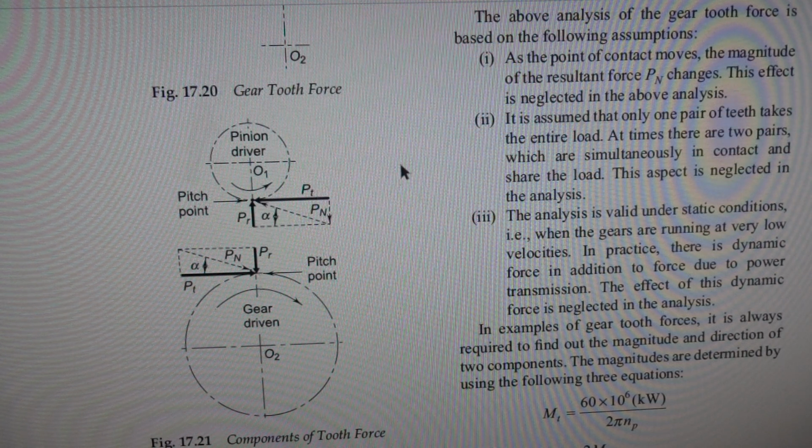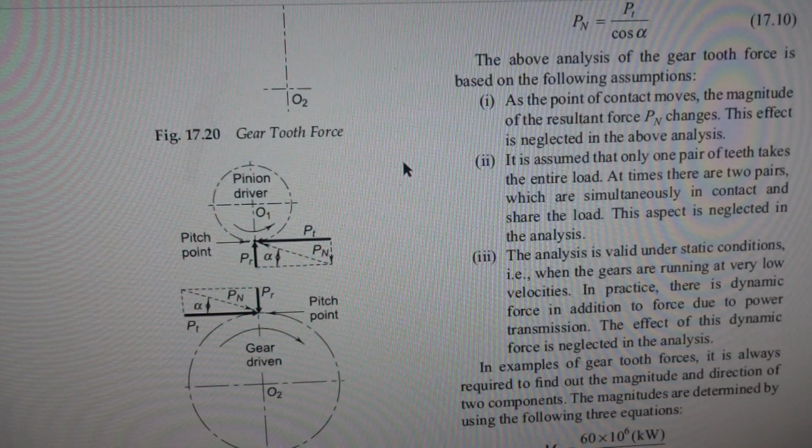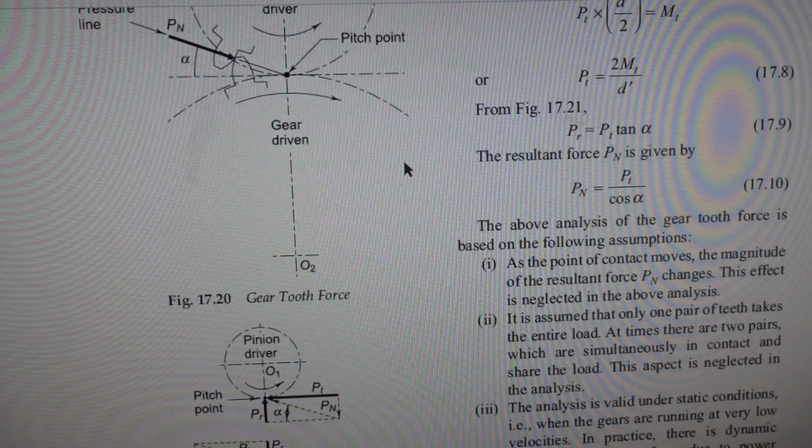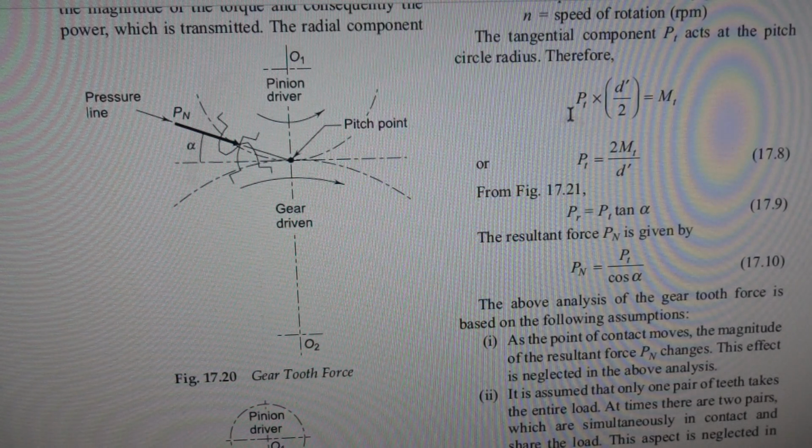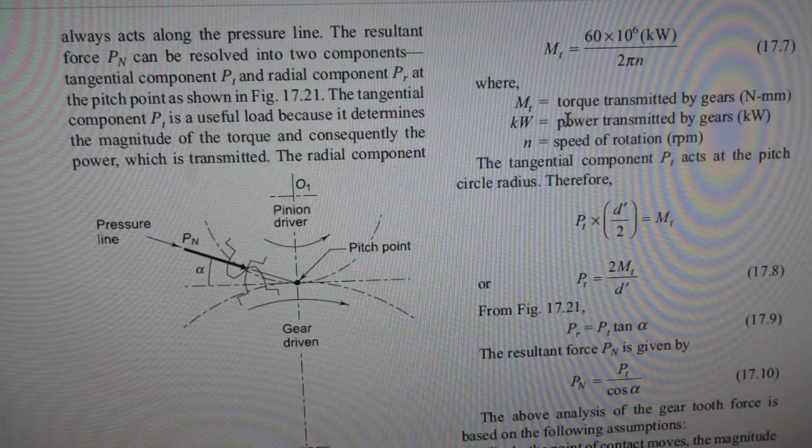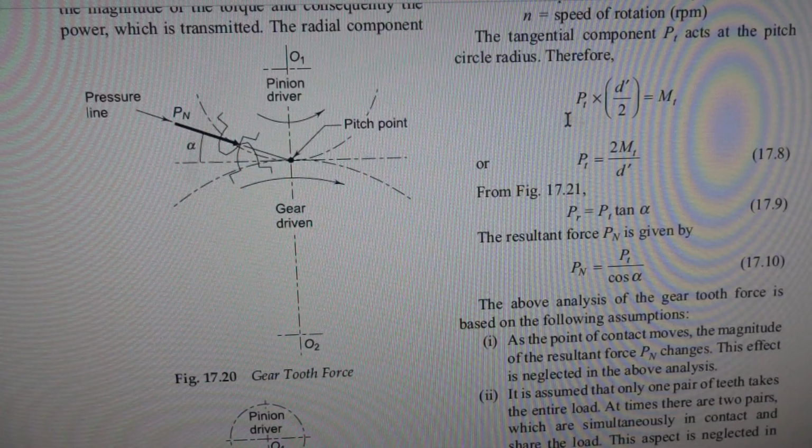So you can find PT into d dash by 2 is equal to MT, where d dash is the pitch circle diameter.